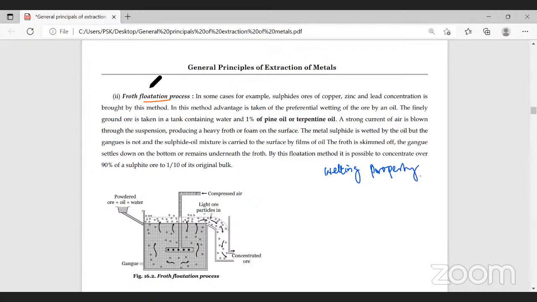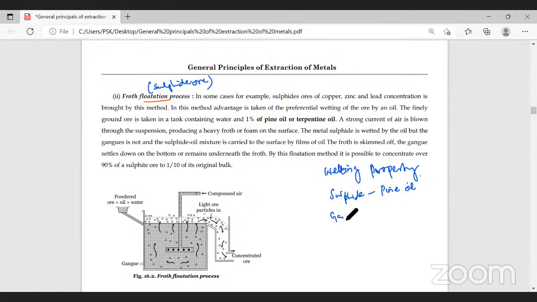Now, I told you the froth flotation is generally applicable for sulfide ores. Now, I told you the principle here is wetting property. Now, the sulfide ores are not wetted by water. They are wetted by an oil called as pine oil.